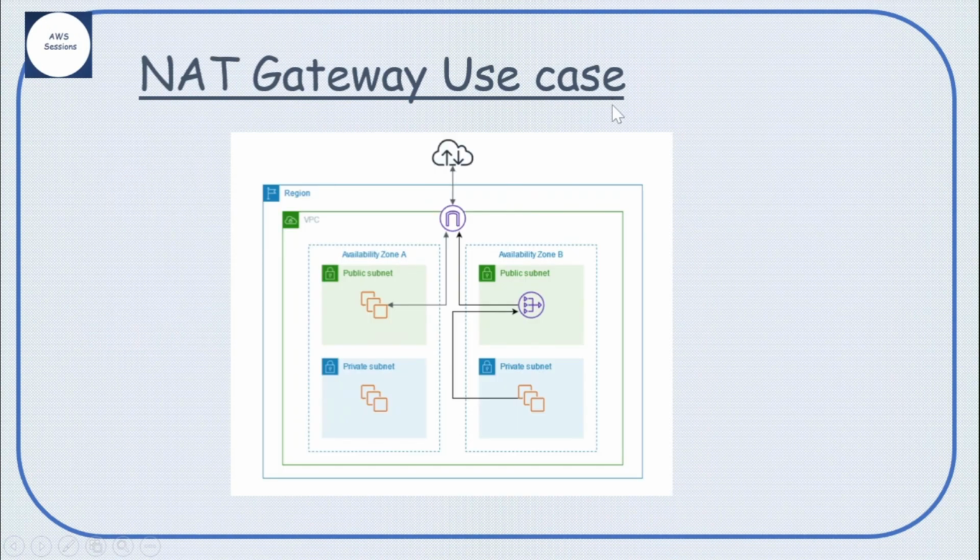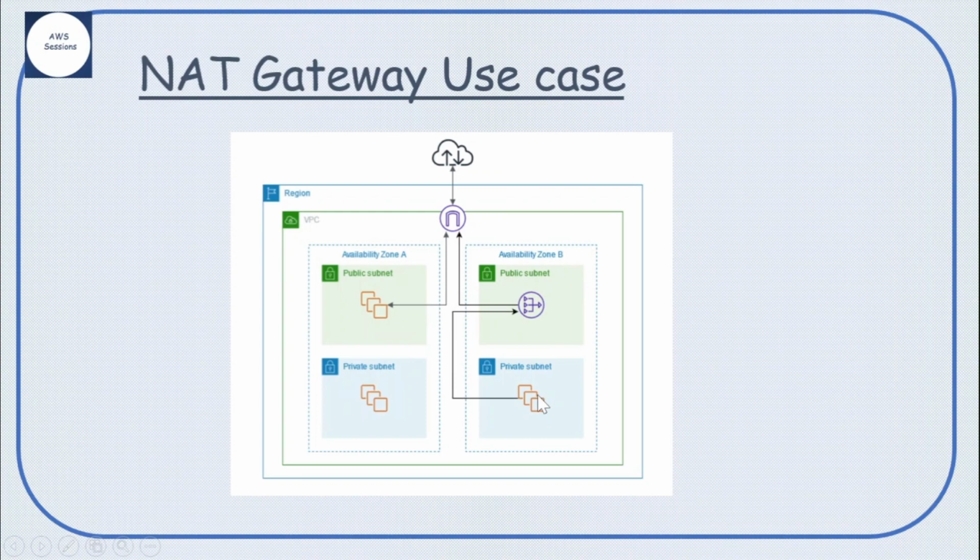This is one of the use cases that we'll be seeing here. As you can see, we have two AZs, with two public subnets and two private subnets created, and these are some of the instances. Here we want these instances to connect to the internet. Since these are in private subnets, we cannot directly make them talk to the internet. So we have created one NAT gateway in the public subnet, and we have also created one internet gateway.